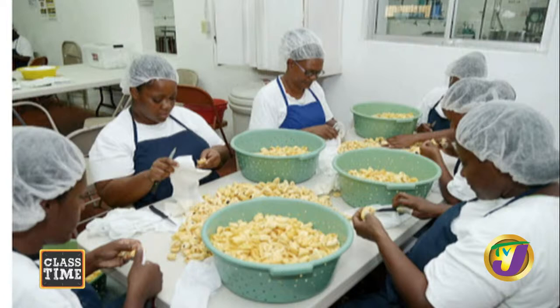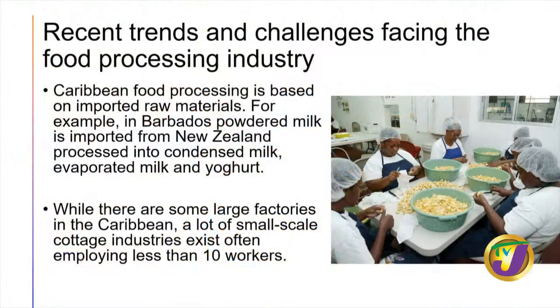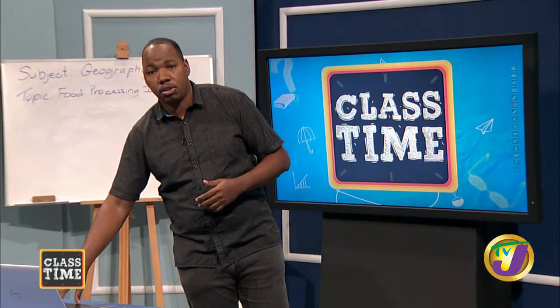But what we have is the expansion of these cottage industries that employ just a small staff, and many of these cottage industries may not be as heavily mechanized as some of the large food processing industries. But nevertheless, it is a trend that we are seeing in the region, the emergence of these industries.